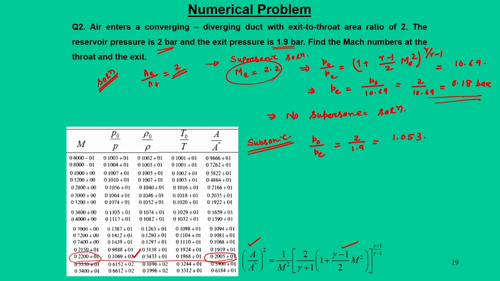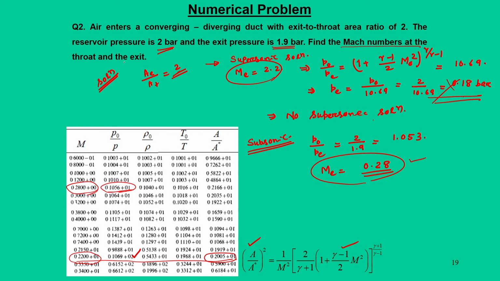When the pressure ratio is 1.053, if you look at this particular table, 1.056, the subsonic value of Mach number ME has to be 0.28. So, exit Mach number is 0.28 actually. We do not have a supersonic solution. This first part is answered.